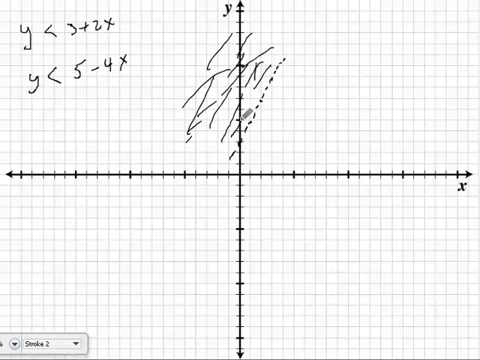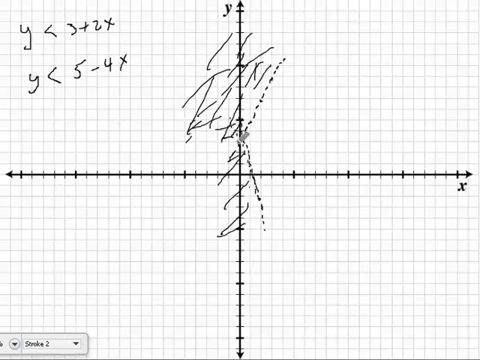And I'm going to have minus 4, that means I go down 4 over 1. And my dashed line looks like this. Okay? So 0 less than 5? Yes, so I'd be shading on this side of it.